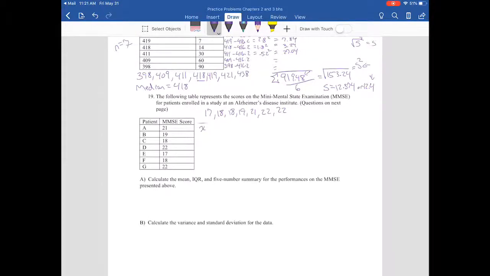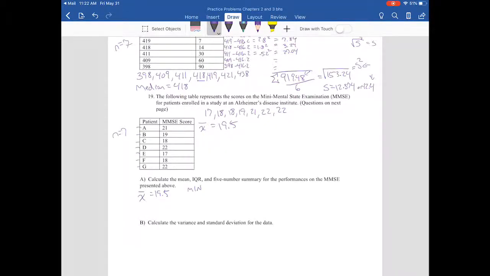When you add up all the values, divide by the total number. Remember here, we want to put what our n equals. So we have 1, 2, 3, 4, 5, 6, 7. n equals 7. x bar equals 19.5. We want to find out our IQR and 5-number summary.